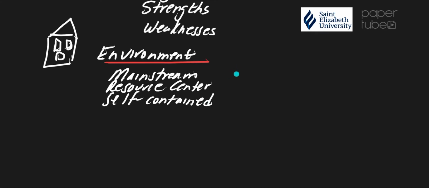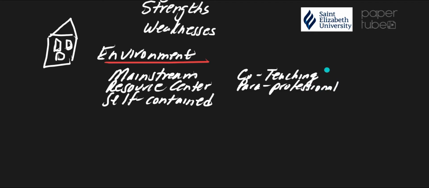And it might be important to know if there's any co-teaching taking place in those environments, and whether the student has also a paraprofessional who might be assisting or providing them with support.